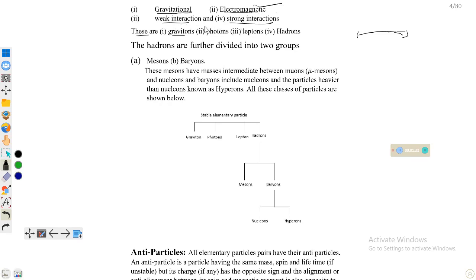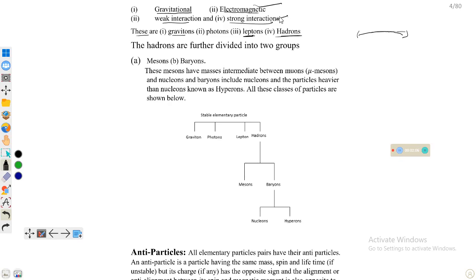The third one is weak interaction, which is mediated by leptons. Lepton is a Greek word which means swift and very light particles. The fourth type is the strong interaction, which is mediated by the hadrons. Hadrons are strongly interacting particles, and their interaction time is very small. We will discuss this in detail in the coming slides.